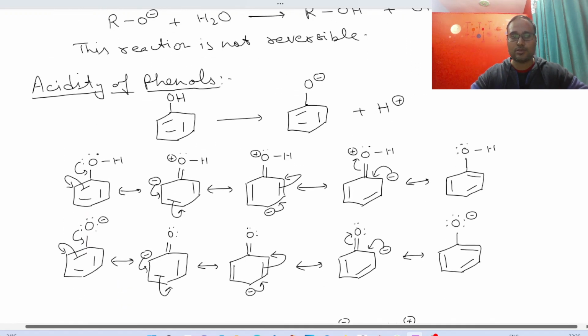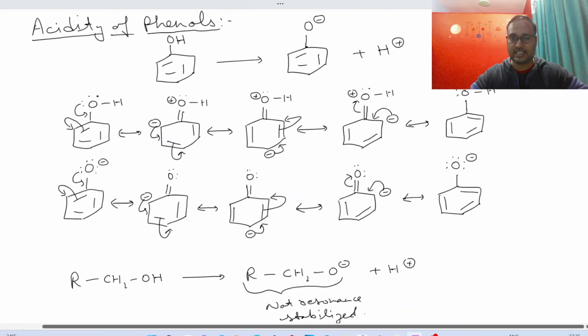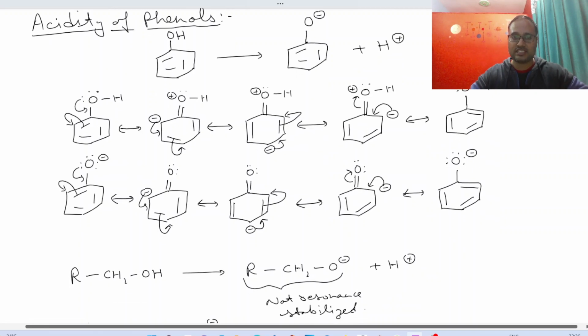Then we discussed the acidity of phenol. Phenol dissociates into phenoxide ion plus H plus ion. When we draw the resonating structures for phenol and phenoxide ion, we can see that in phenol there is a charge separation.